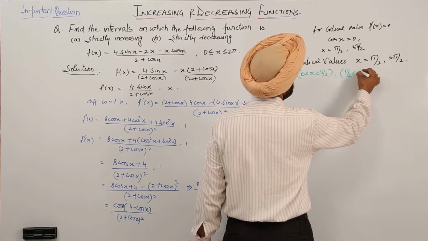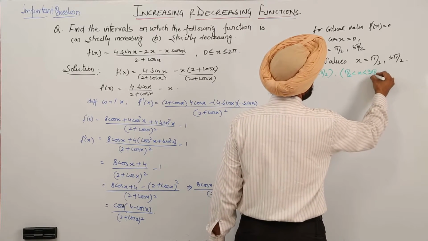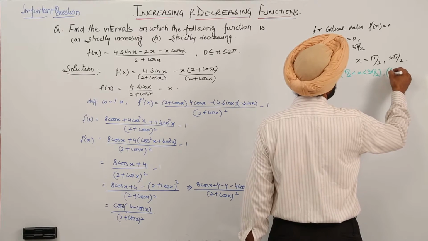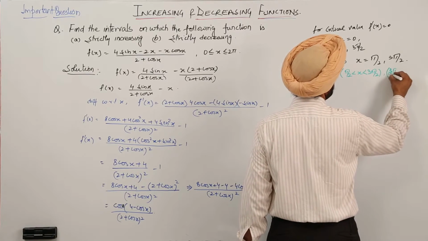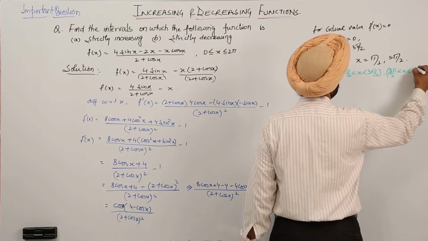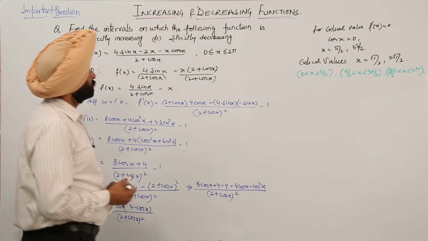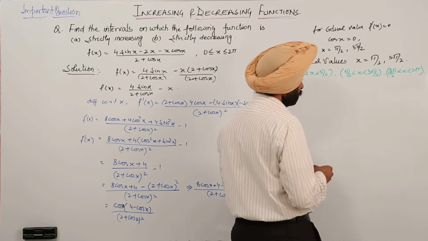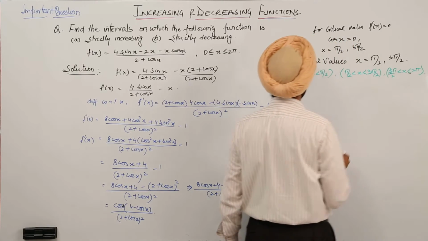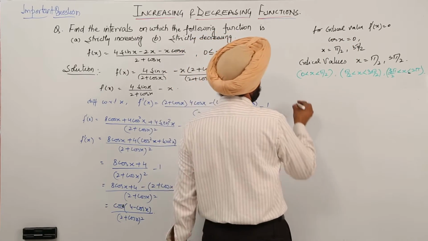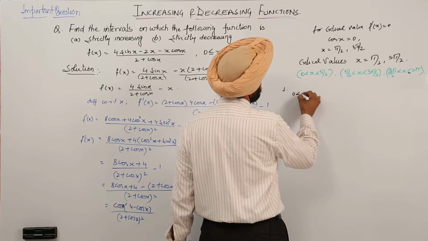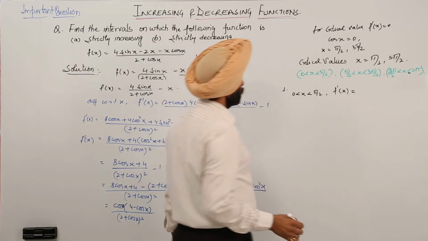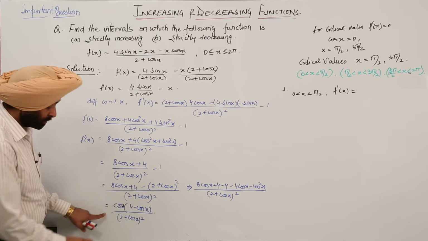Then pi by 2 less than x less than 3 pi by 2, and then 3 pi by 2 less than x less than 2 pi. We have these intervals now.